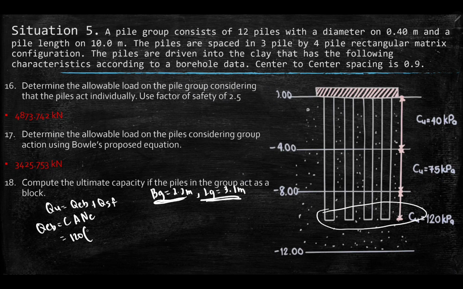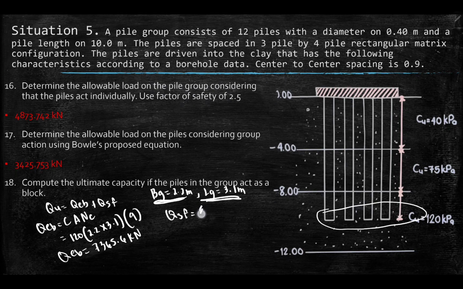We have 2.2 times 3.1 meters times the bearing capacity factor, since in the given, QEB is equal to 7365.6 kilonewton.